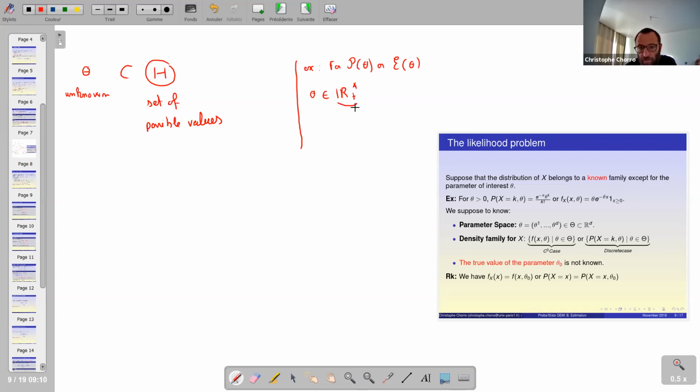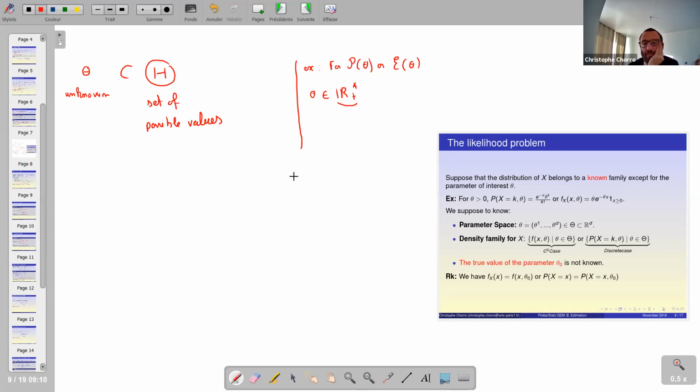It is the capital Theta here, the set of possible values for my parameter. Just a remark, here we are in the case where theta is a number, so I have a set that is a subset of the real numbers, but my parameter theta can also be a subset of R to the power n.